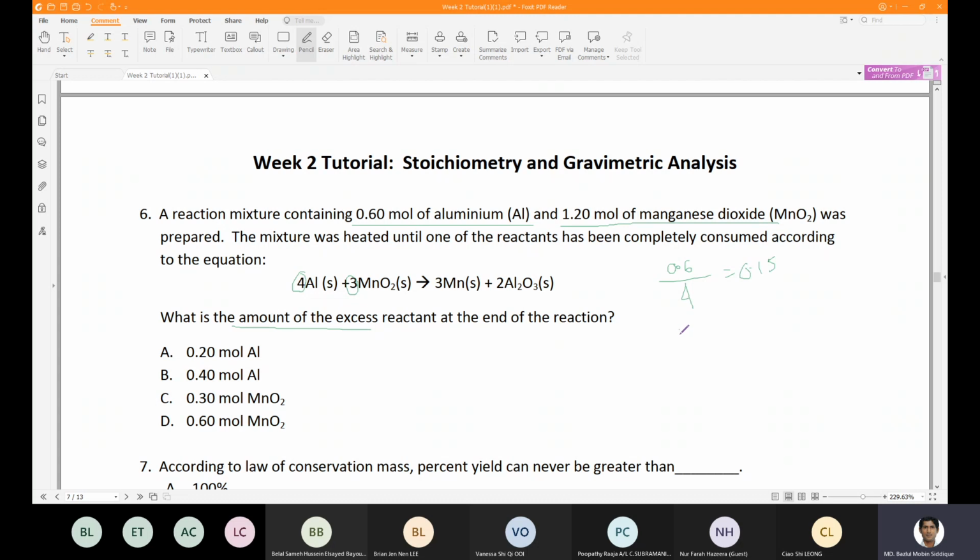And 1.2 divided by 3 is 0.4, right? So which one is the limiting reactant now? Which one is the limiting reactant now?